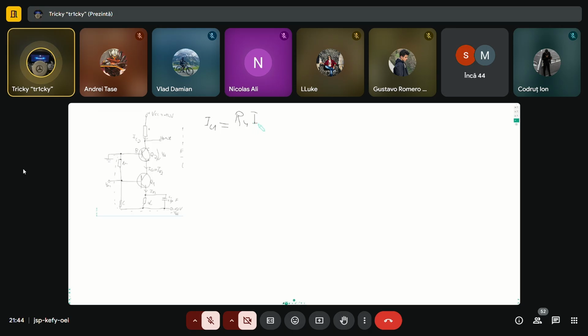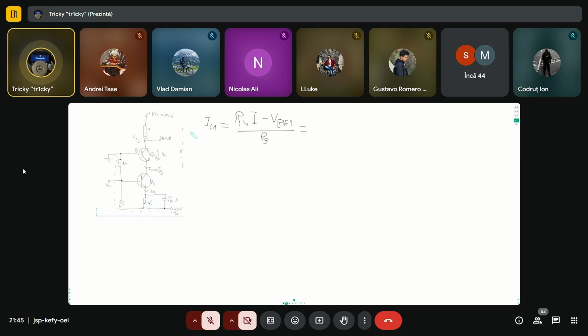R4 I, which we found out, minus VBE1, divided by D, which was R3, I think. Yeah, because the voltage of this resistor is IC1 times R3. So this is why we divide everything by R3.